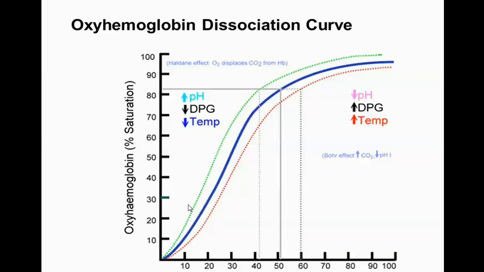Why? Because with very high affinity, with minimal pressure of PO2, it can load almost all of the hemoglobin. This is a gift from Allah to the baby in his mother's uterus. With very minimal oxygen from the placenta, he can load all of his hemoglobin.